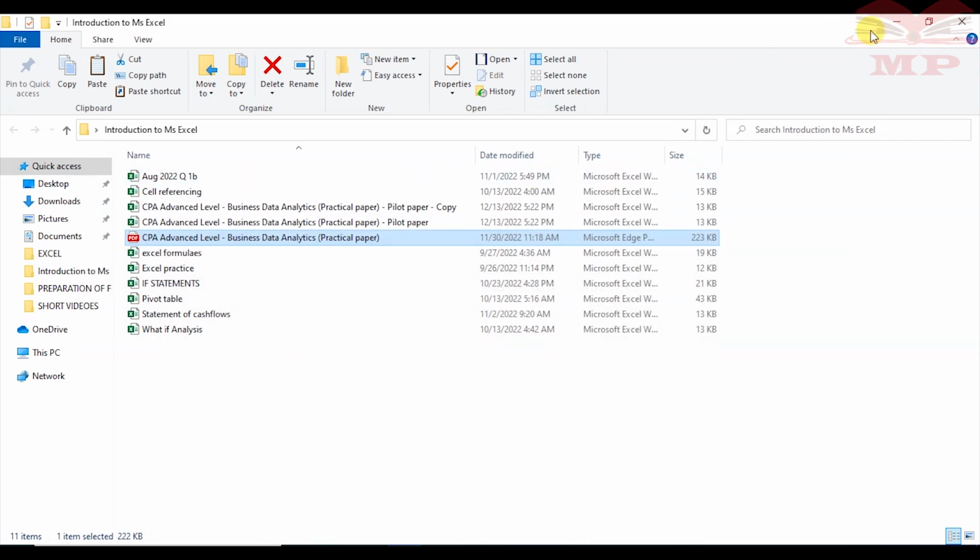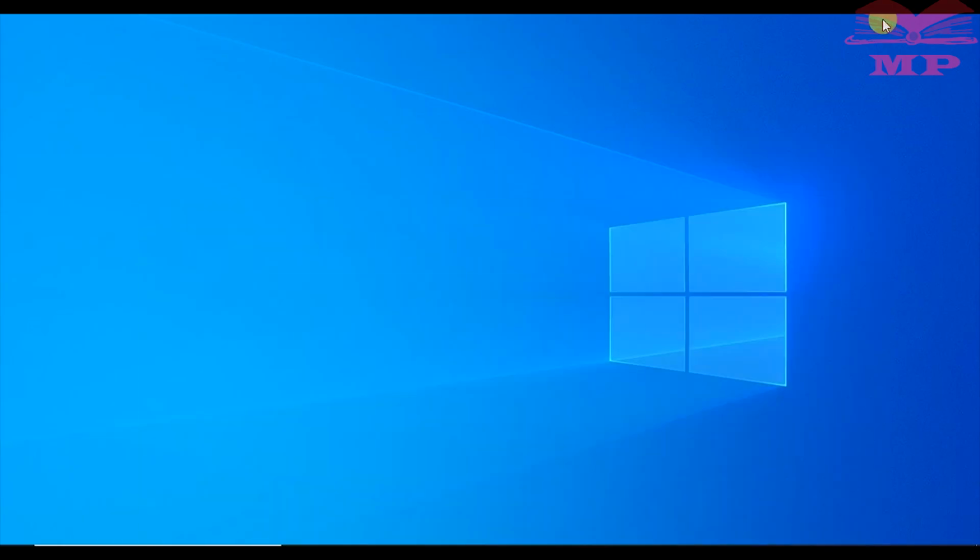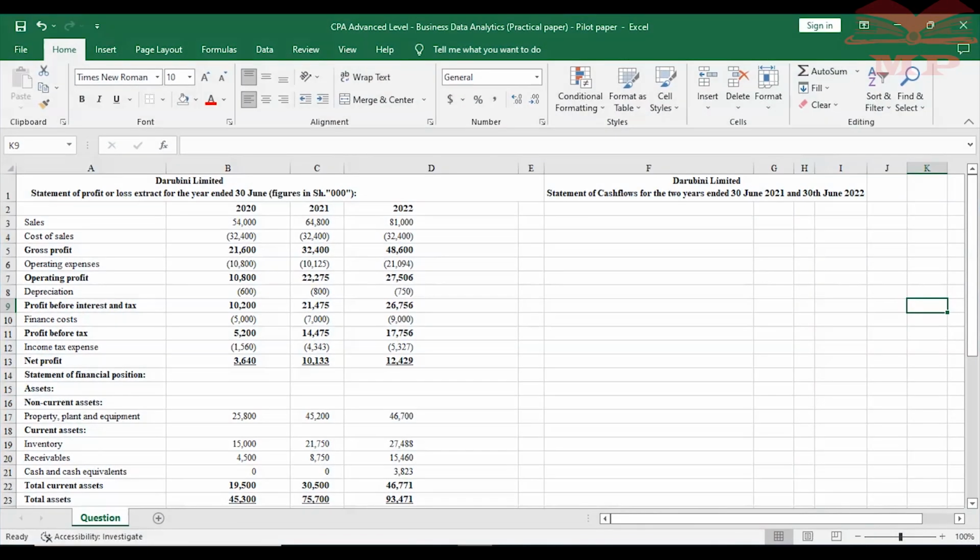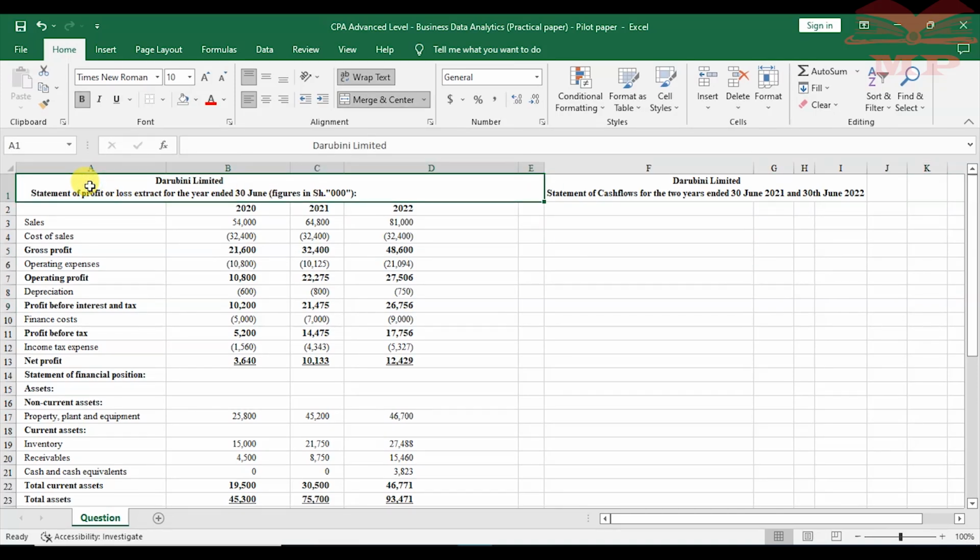And once converted to Excel, we will be able to solve it. So here it is. I've pulled the same question. That is the Rubini Limited statement of profit or loss extract for the years ended 30th June 2020, 2021, and 2022. This is the exact question that I've pulled from the PDF format. Now it is in the format of Excel.